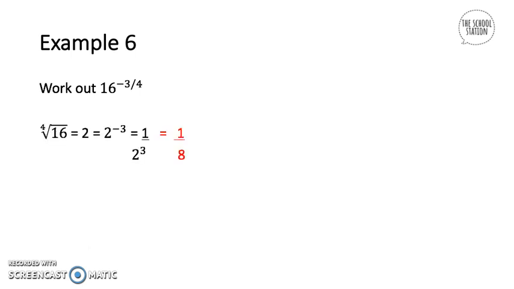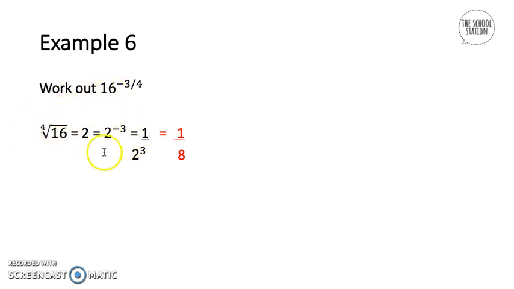So what I did was I used that same method of using the denominator of the fraction to take a square root or cube root or like that. So I tried to find the 4th root of 16, and when I did that I got 2, because 2 times 2 times 2 times 2 is 16.